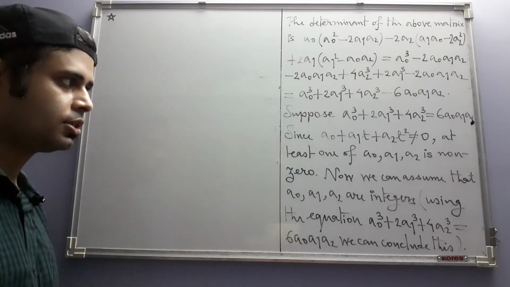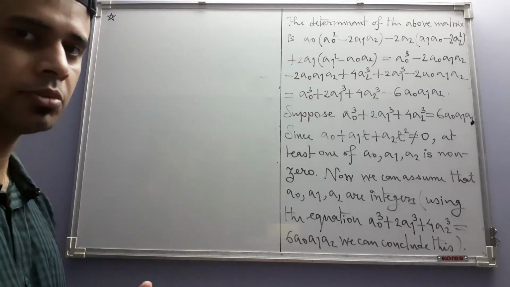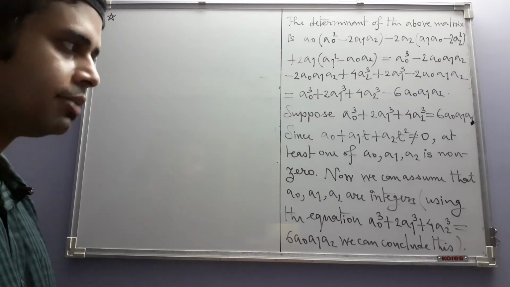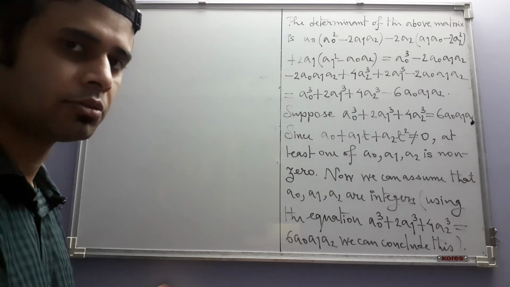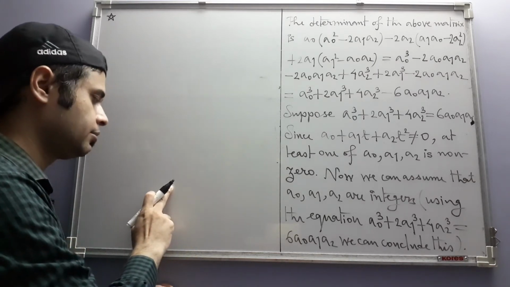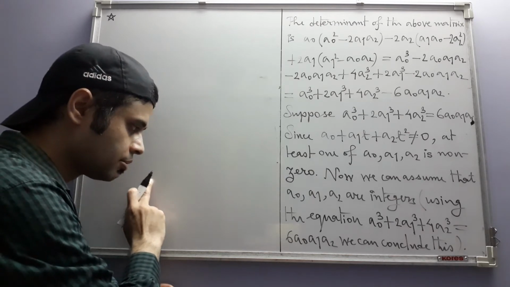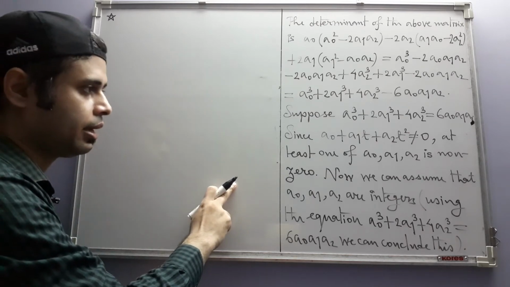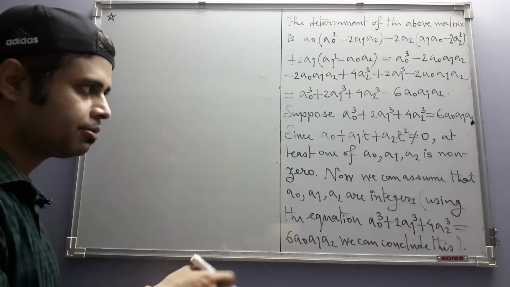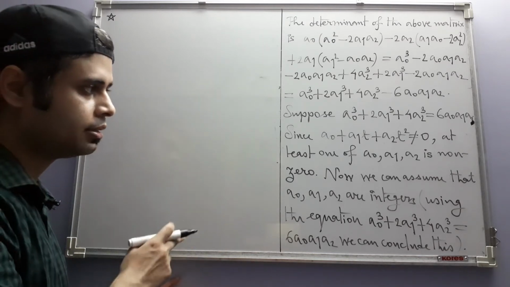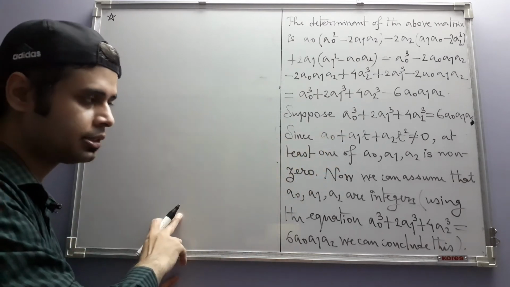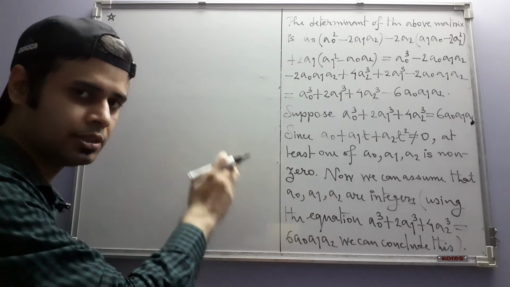This is not the greatest common divisor of 2 integers, but of 3 integers, whose definition is just like that for 2 integers. It's a positive integer that divides all 3 integers, and if a non-zero integer divides these 3 integers, then that non-zero integer also has to divide this positive integer.